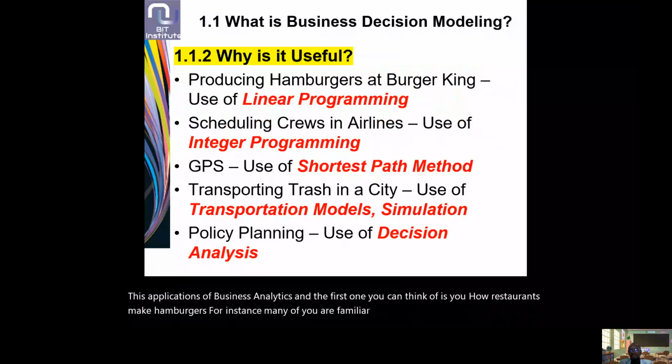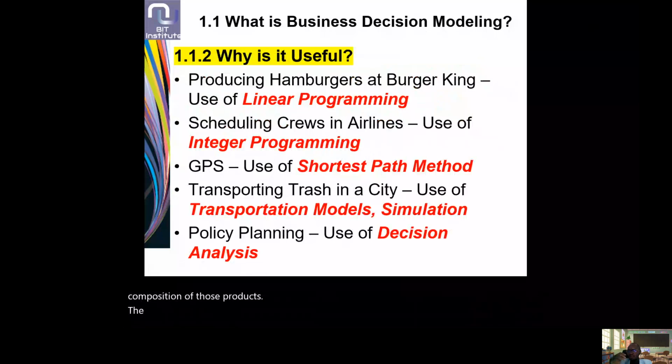So if you go there for breakfast, they have their own specific products, whether it is breakfast, lunch, or dinner. Now, in the composition of those products, the companies typically want to minimize the cost of producing a particular product so that they make more profit. I think most organizations think that way.